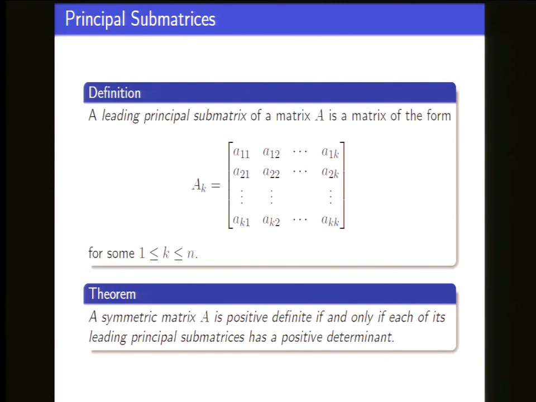And if this fails, you stop immediately. But it didn't fail. This is greater than 0. Then you look at the determinant of A2, which is 32 minus 4, 28, right?